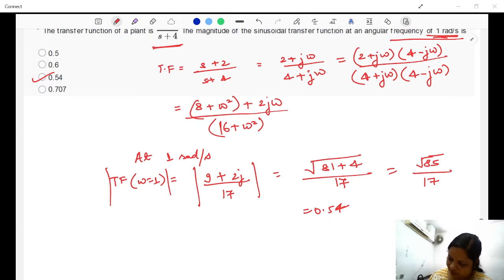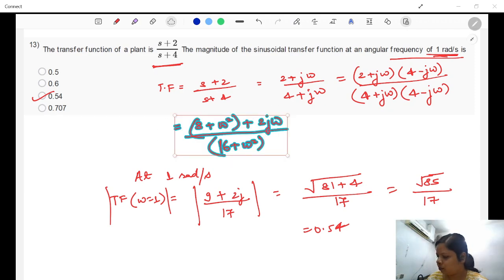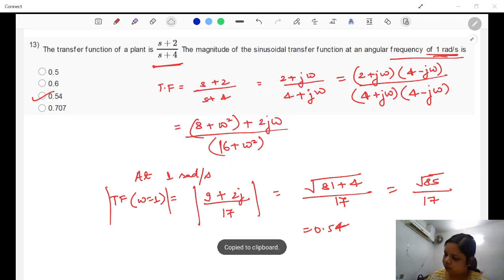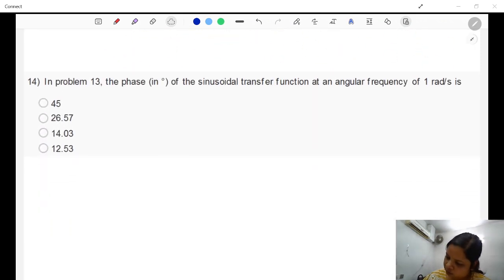Now for the same question, I'll copy this part before I move there. So I want to find the phase for the same frequency.